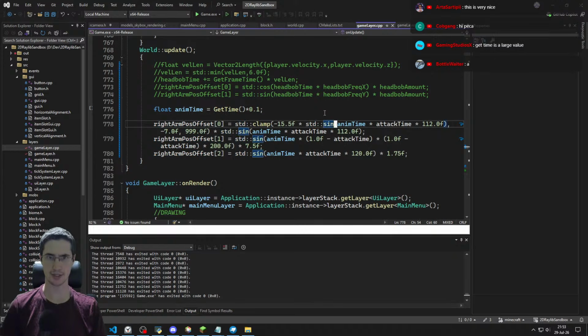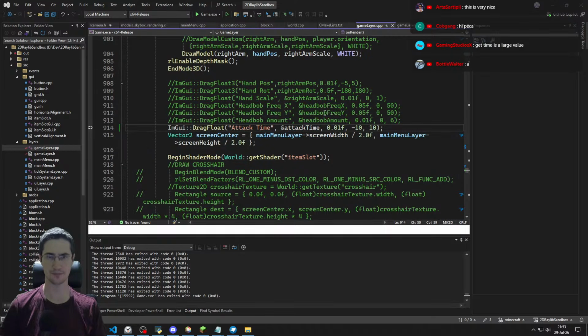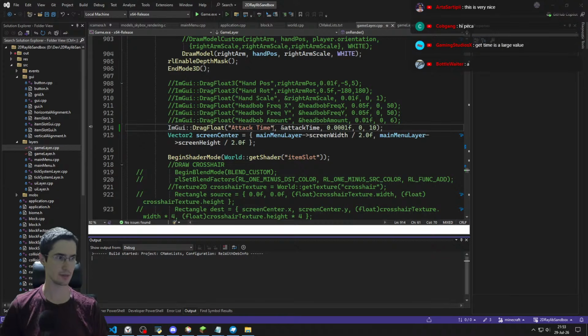When we change attack time, let's make it be smaller changes. Let's make it so the minimum is 0 and the maximum probably 1, but let's leave it as 10.